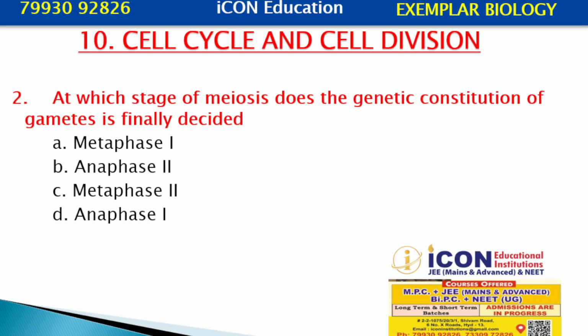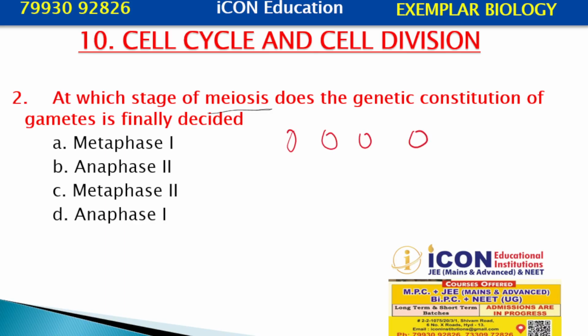Question number 2. At which stage of meiosis is the genetic constitution of gamete finally decided? We know that the result of meiosis is 4 haploid cells. 4 haploid cells are formed.